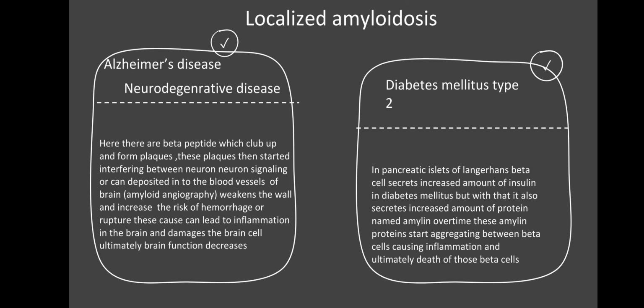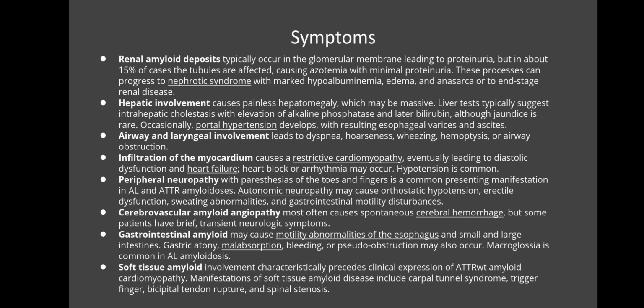Okay, let's go to the next topic. What are the symptoms? There are n number of symptoms regarding amyloidosis. Wherever it deposits, it can cause symptoms. It can deposit anywhere in the body: skin, heart, liver, spleen, tongue, CNS, nerves, intestines, anywhere.